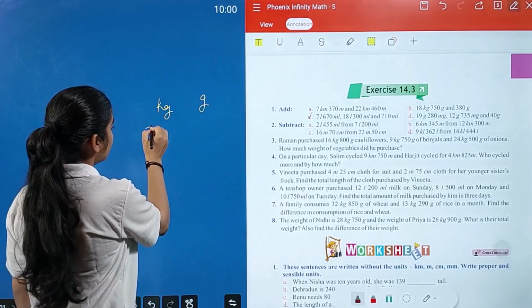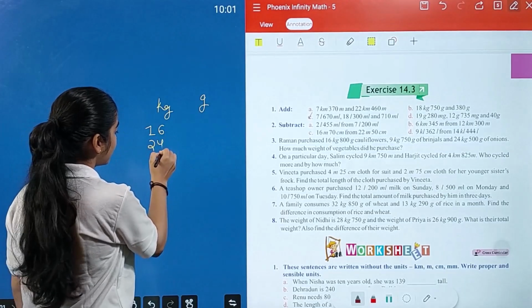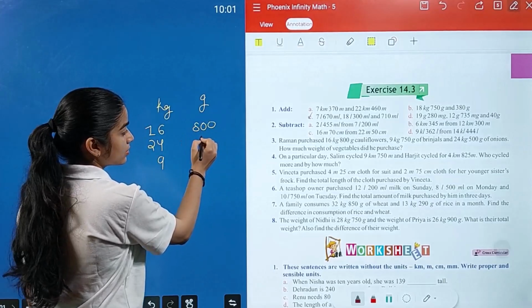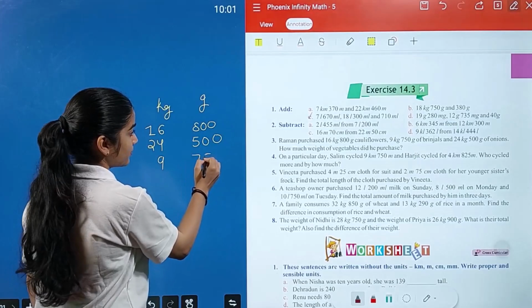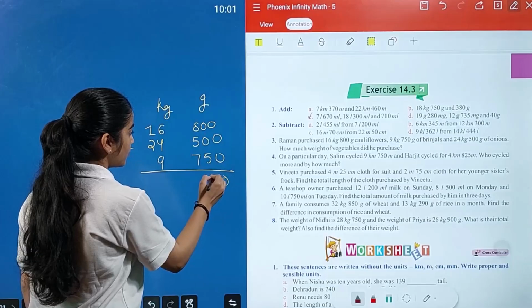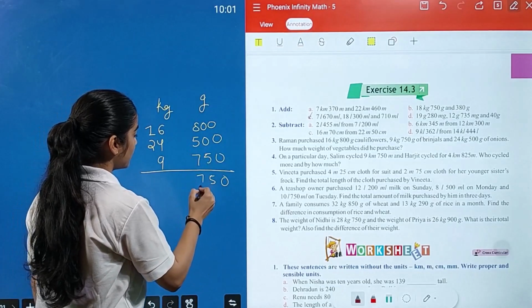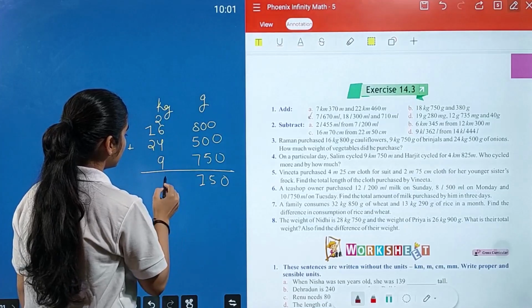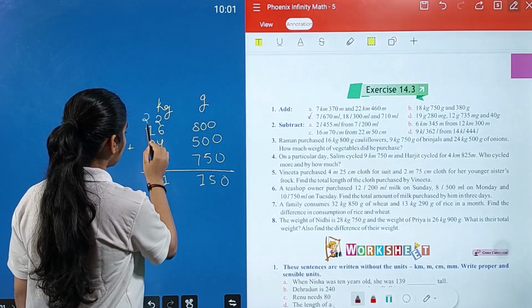So 16, 24 and 9, 800, 500 and 750. Now we have to add them together. 0, 5, 13 and 8 is 21, 2, 10, 19, 2, 19, 20, 21, 2 and 5.